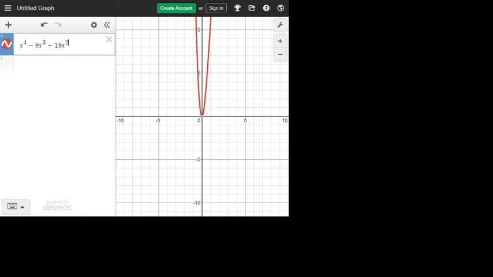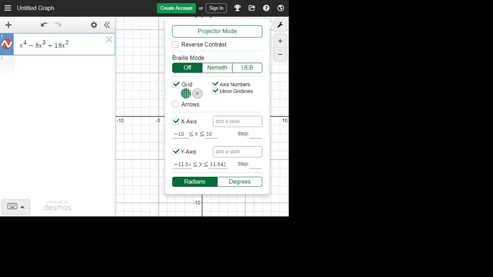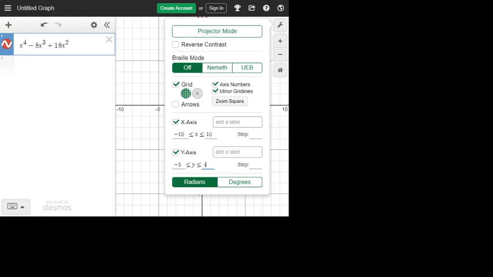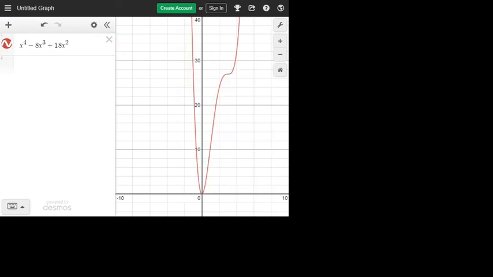And then I think it's really important that I change my settings so that we can see the full picture of the graph. We don't need to go below the x-axis much, so for the y-axis let's go with a minimum value of -5, and for our maximum value we want to go right up to like 40, so we can clearly see where those critical y values are occurring. I think that's good. There we go.